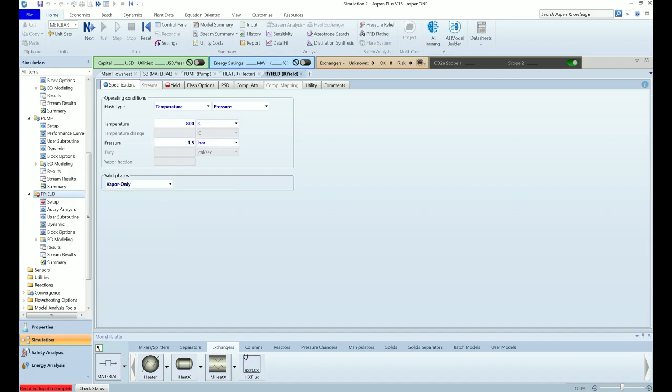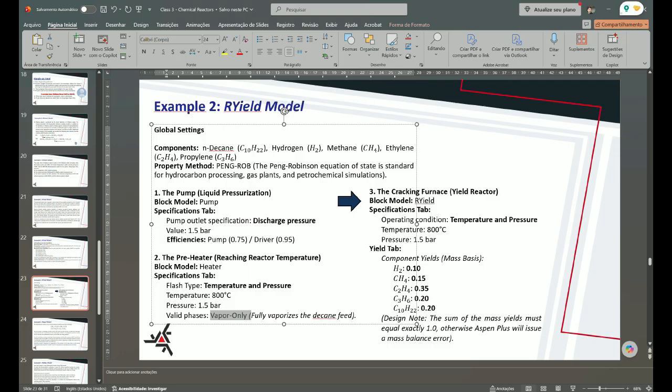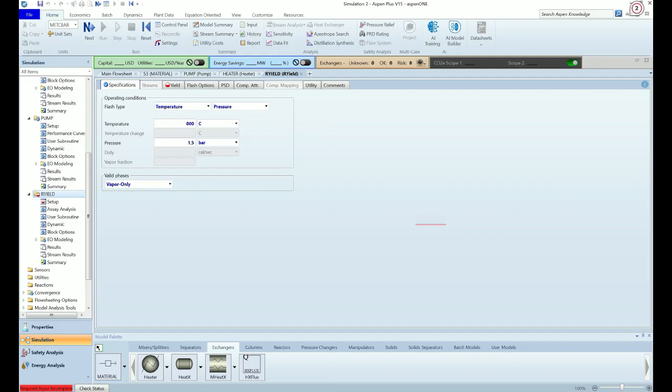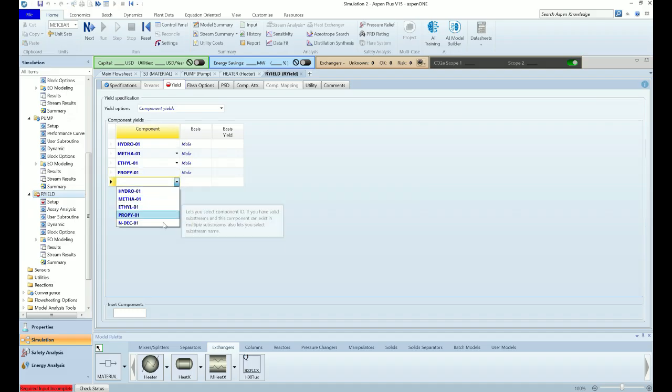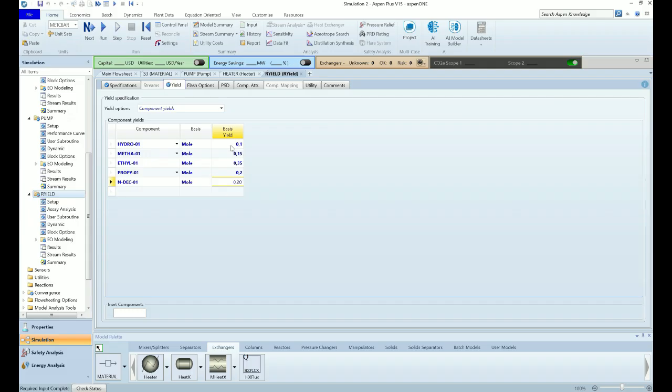Let's check that we have these conditions and these yields: 10, 15, 35, 20 and 20%. Let's configure this yield for each one of our components, so I think 10, 15, 35, 20 and 20.